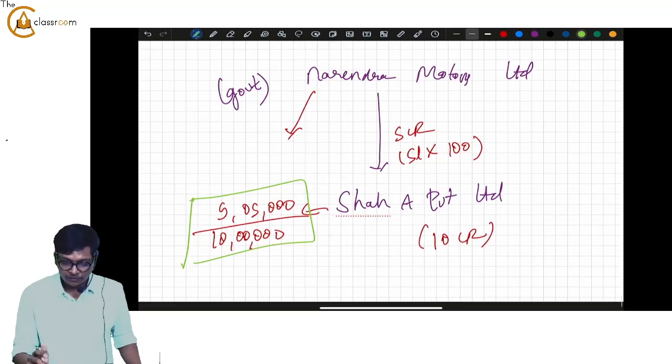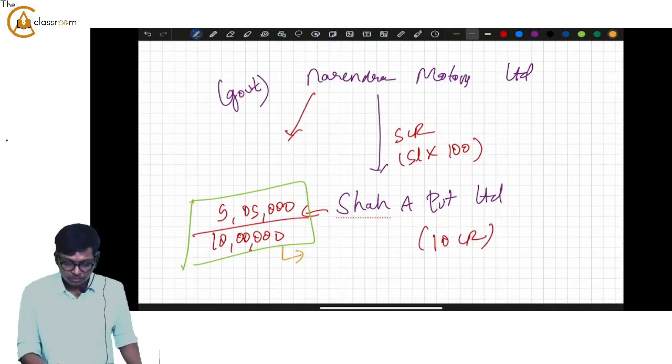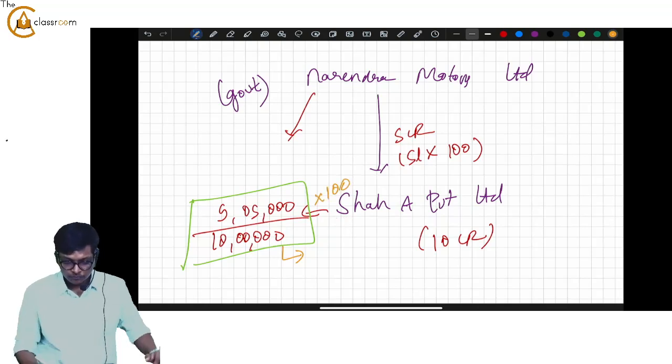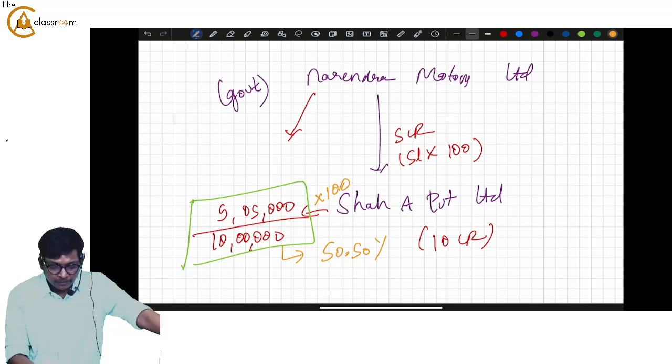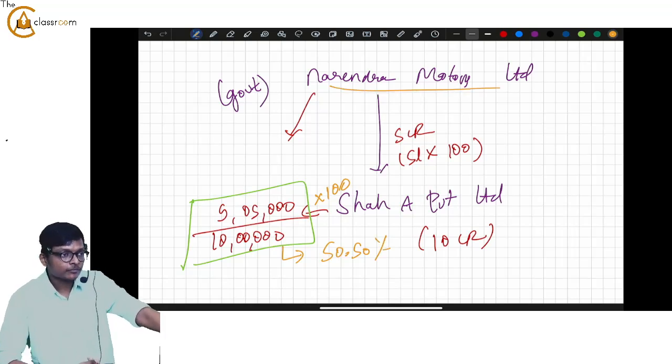What is the percentage of this? Percentage into 100, if you compute, how much are you getting? 5,05,000 divided by 10 lakhs into 100 is 50.5%. Can I say now this is a holding company?